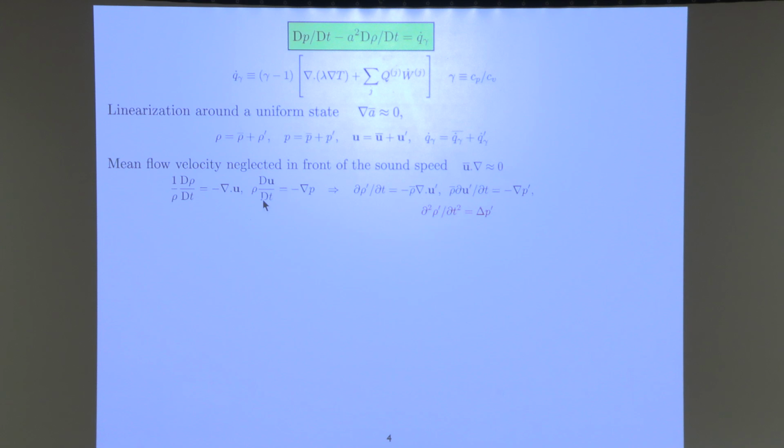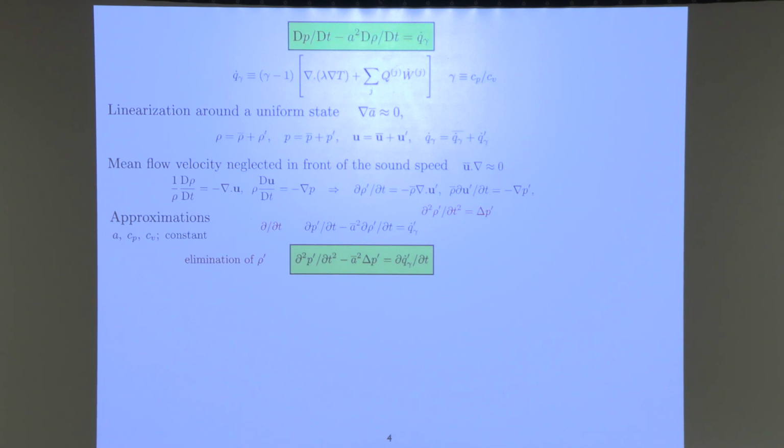And in that case, you obtain that the derivative of the perturbation of the density is simply related to the divergence of the perturbation of the flow velocity. And thanks to the Euler equation, the derivative of the flow velocity is related to the gradient of the fluctuation of the pressure. This is the linearized Euler equation.